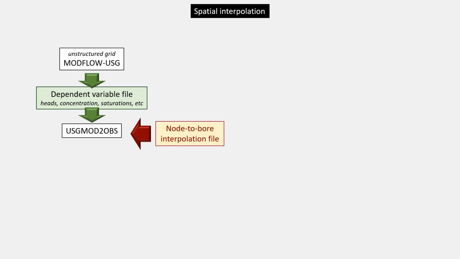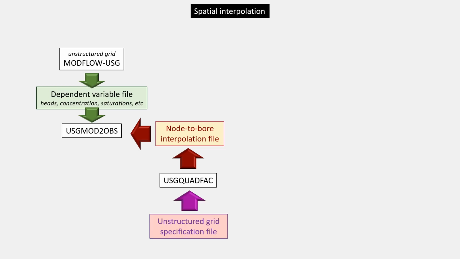In order to undertake interpolation to a point in space, USG mod2obs reads a node to bore interpolation file. This can be prepared by a program called USG QuadFac, which is another member of the Groundwater Utility Suite. USG QuadFac obtains knowledge of the unstructured grid from which interpolation must take place by reading an unstructured grid specification file for the MODFLOW-USG model. Specifications for this file are provided in PEST documentation.